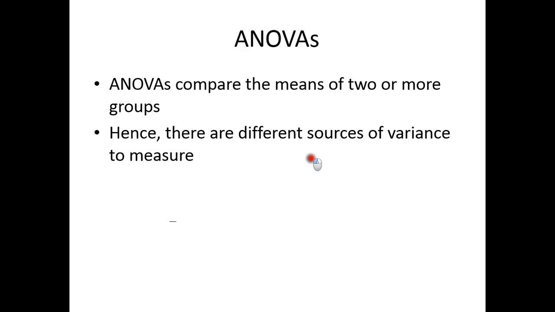Within each group, all the participants have experienced exactly the same treatment effect, and the only reasons their scores differ from each other is individual differences and other background nuisance variables. So the variance within each group is the background variation, whereas the variance between each group is due to the treatment effect.